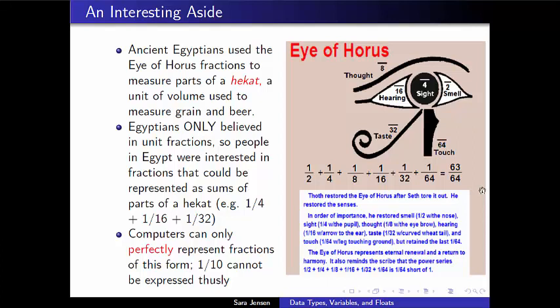What I think is absolutely fascinating is that this whole concept was studied by ancient Egyptians thousands of years ago, way before there was ever any thought of computers. And the reason that they were studying it was because of beer. I'm being a little bit presumptuous there.